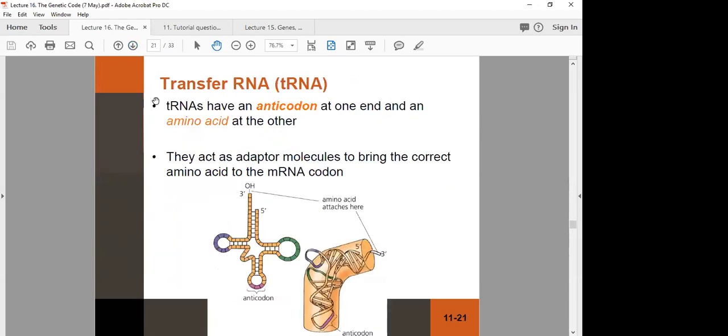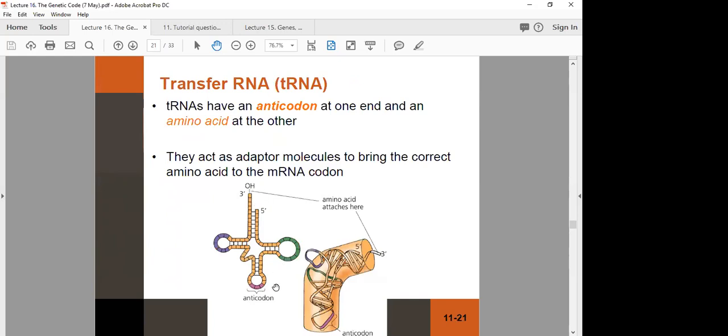Let's look at what the transfer RNAs look like. Here is one transfer RNA molecule. Always reminds me of a clover leaf. All right, here at this end, it will carry one specific amino acid, which will covalently bind to this hydroxyl group here.